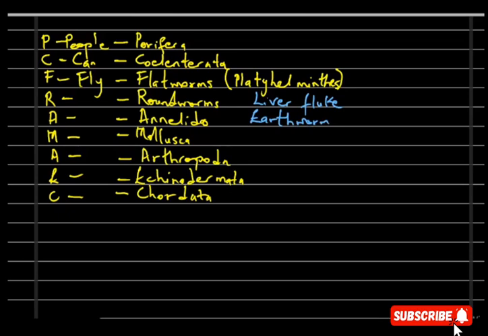The third one, option C, is snail. Snail is a mollusca, so this is where it belongs. And the fourth option, the cockroach, is an example of an arthropoda. So this is where we have the cockroach.